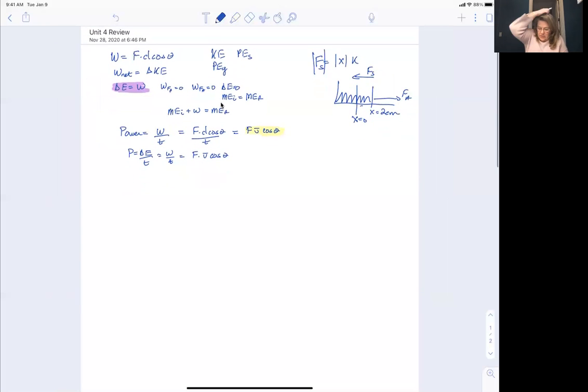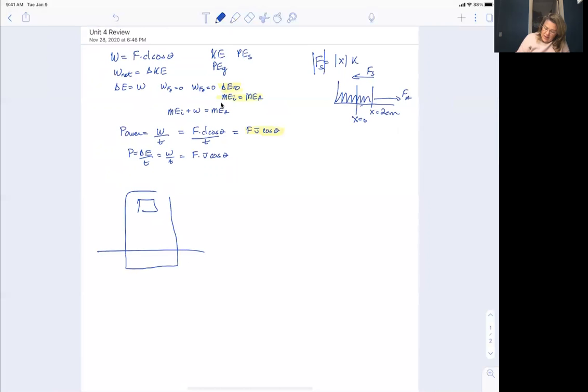Okay, now let's just talk a little bit about system definition and mechanical energy. I want to talk about this whole approach right here when change in energy is equal to 0 and how the system being defined makes a big difference, okay? So let's assume I have some block, I've dropped it, and it's falling to the ground. And let's assume I define my system as the earth-block system, okay?